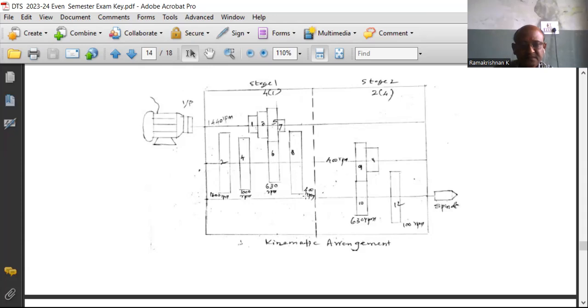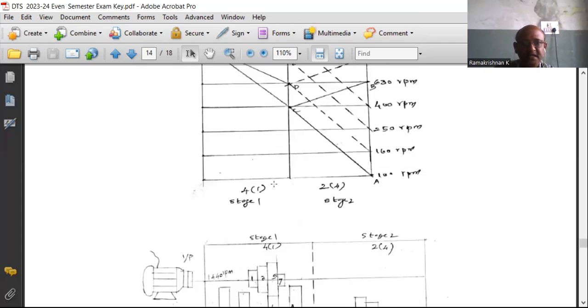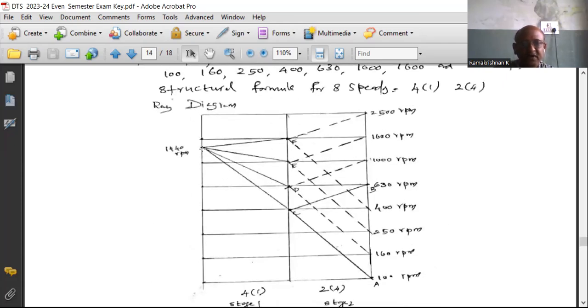Okay. Now you also denote the speed. That is the smallest gear 7. So the largest gear gives the smallest output speed. From the diagram, for the input, F, E, D, C is the first stage 4 output.